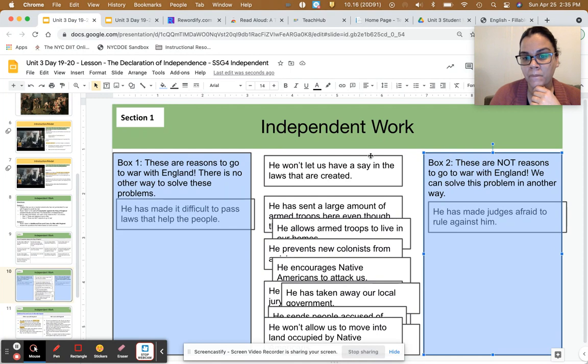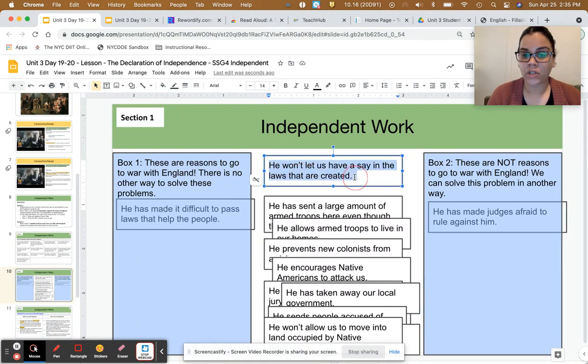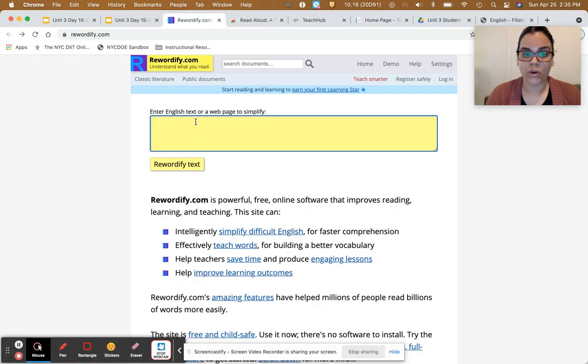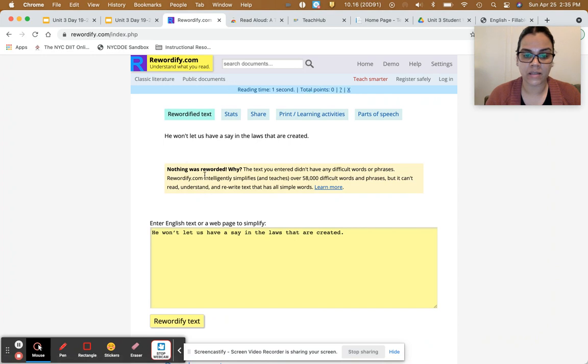Okay? So I'm going to read the rest out loud, and you can pause the video or go back if you want to hear the complaints one more time. Or again, if you're not sure of what the complaint means, you can highlight it, go to edit, copy, rewordify.com, paste it, rewordify the text.